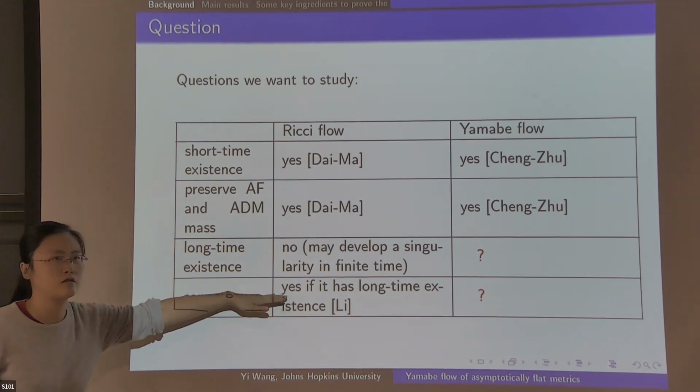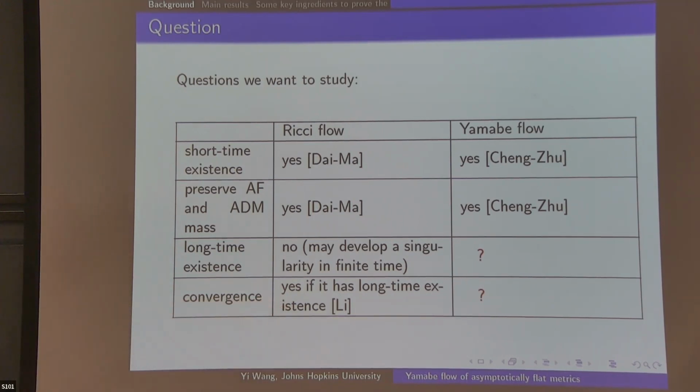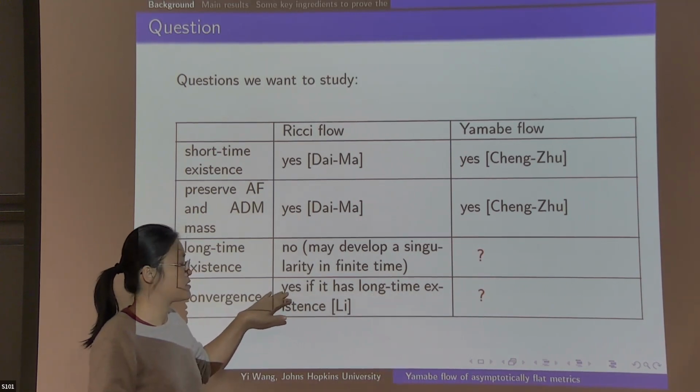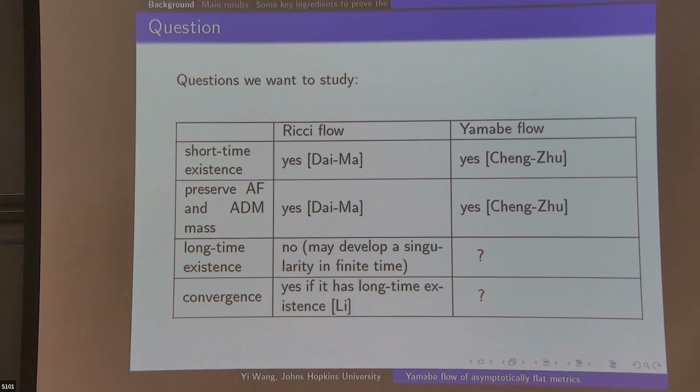Lee used this to give another proof of the positive mass theorem in dimension 3. Why? Because as long as you have this result, suppose you have long time existence, then it implies convergence. But for a general initial metric, you might develop singularity.